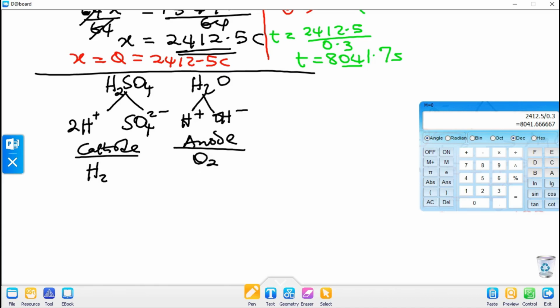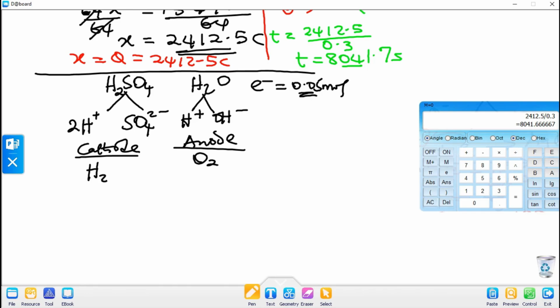But we only have to go ahead to write out the equation this time around, since we are talking about calculations. So how is the equation written? Since we are told electrons passed is 0.05 moles. So let's proceed.